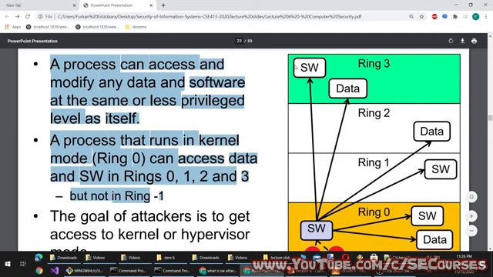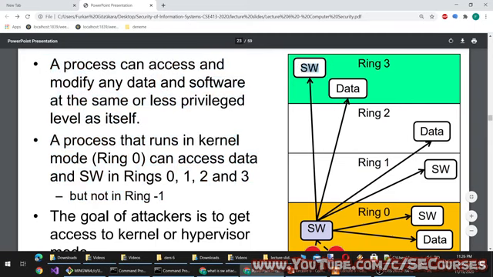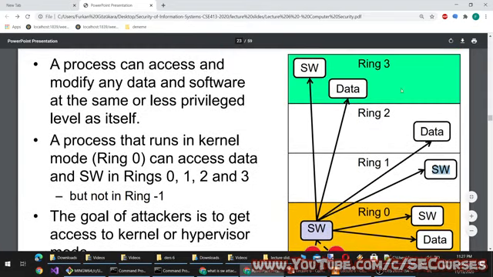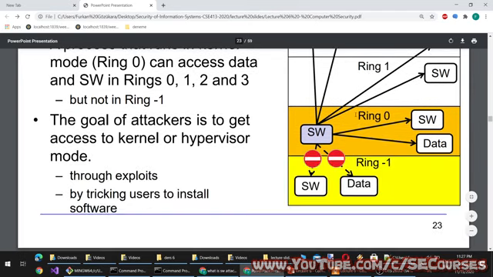So within their ring level they can access or modify; software and data are in the same ring, and there is data in ring 2 and there is software in ring 1. So the software in ring 1 can modify and access the data and software in ring 2 and ring 3, but ring 2 cannot access ring 1, and ring 0 is the same, and ring -1 is the same principle.